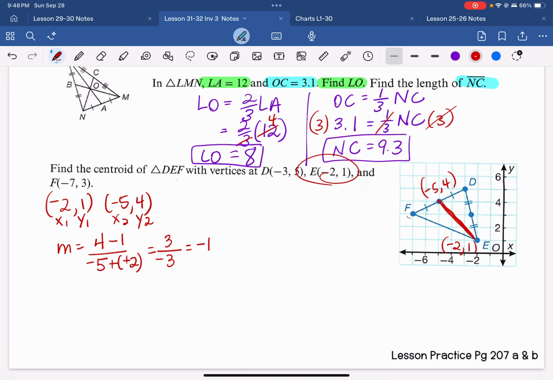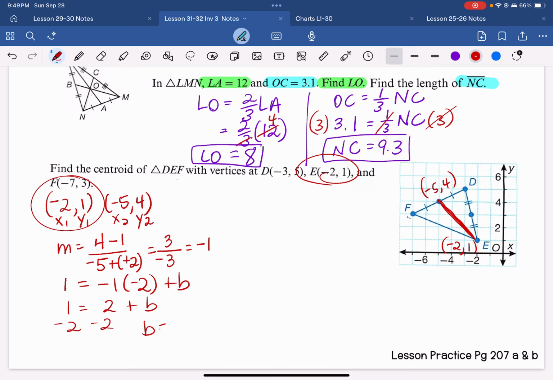I'm going to use this one right here. y equals mx plus b. So we have 1 equals a positive 2 plus b. Subtract 2 from both sides.